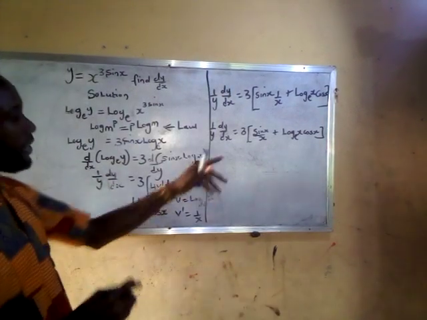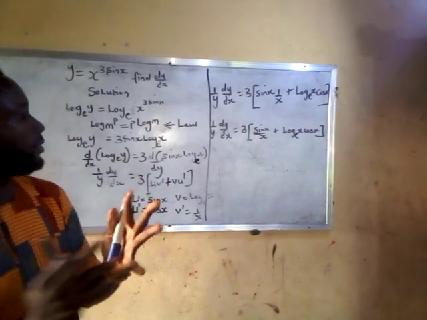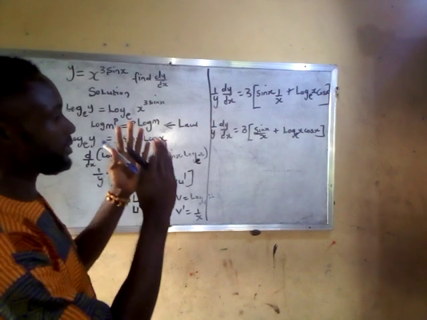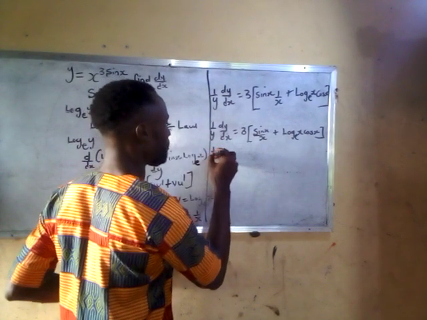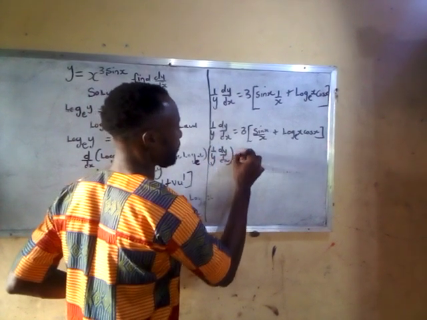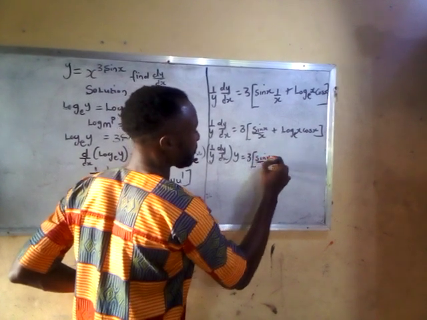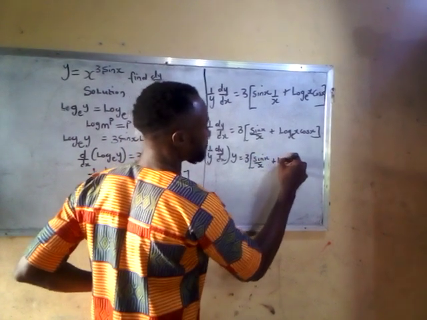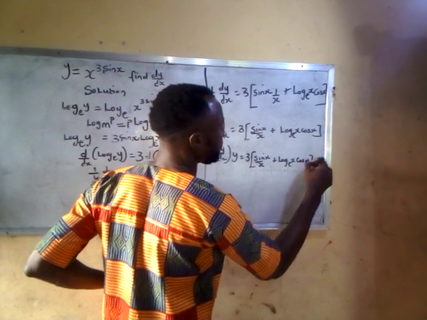And for us to make dy/dx the subject of the formula, we multiply the left hand side by y. So this is 1 all over y dy/dx into y is equal to 3 sine x all over x plus natural log of x, cos x, into y.